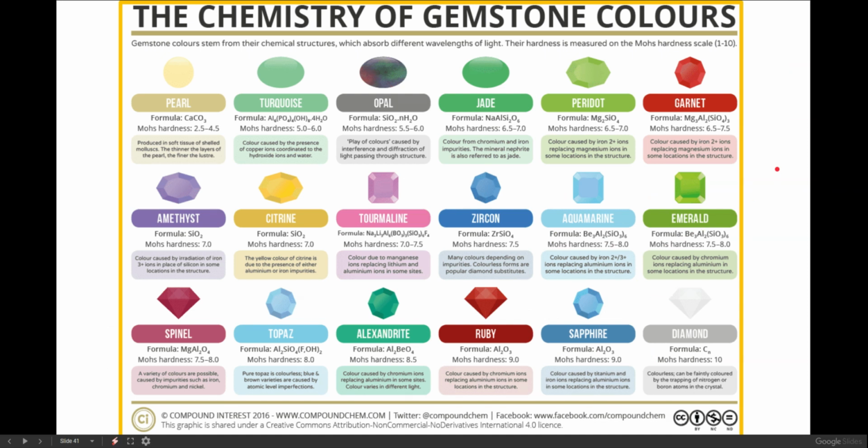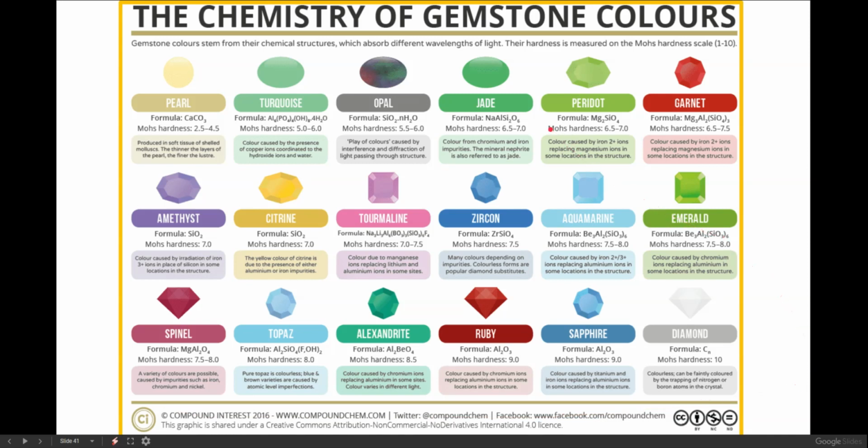When you hear the word crystalline, you think of crystals, and so gemstones. Here's a bunch of different gemstones and some of the chemistry behind them, from pearls to opals, aquamarine, emeralds, topaz, rubies, sapphires and diamonds. There's a lot of information on this slide you could look at. Orange box, you don't have to memorize anything.